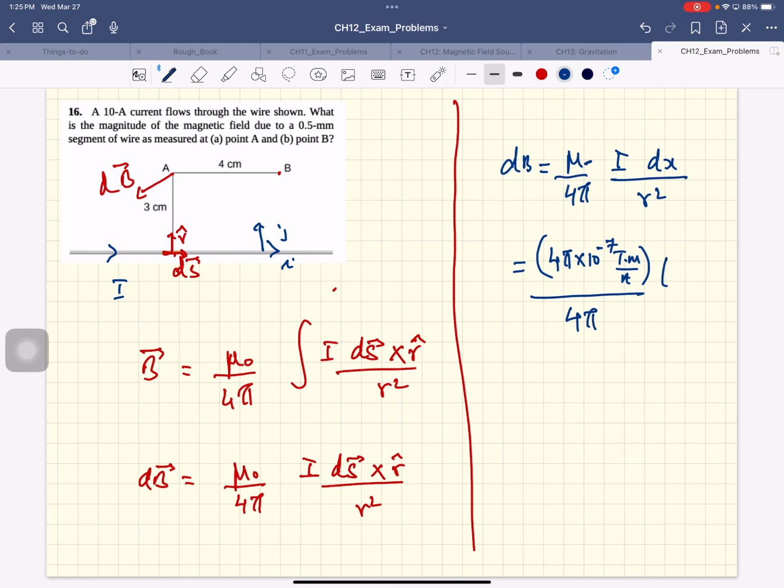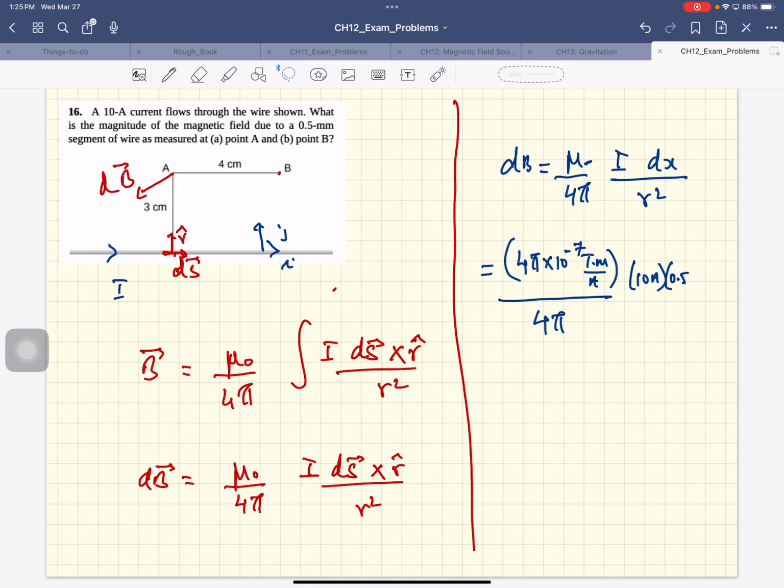The current is 10 amp. dx is 0.5 millimeters, and a millimeter is 10 to the minus 3 meters. R is this distance, and that happens to be 3 centimeters, so 3 times 10 to the minus 2 meters, squared.